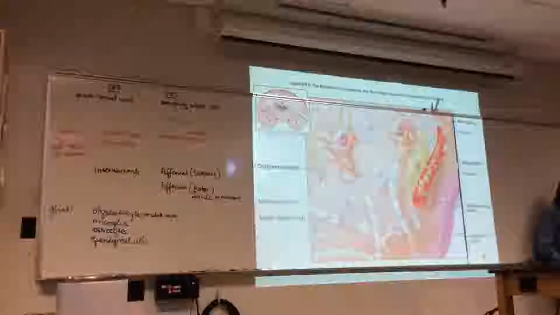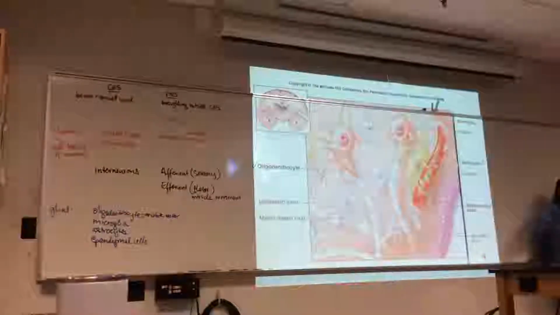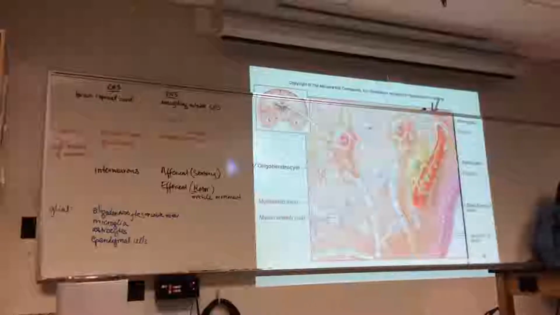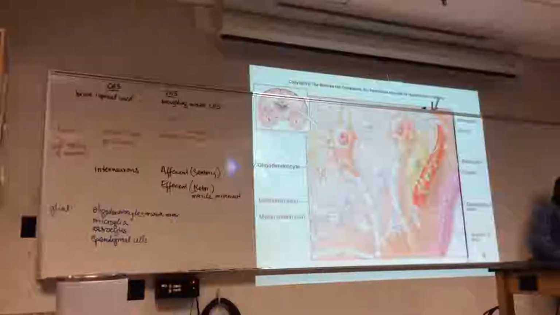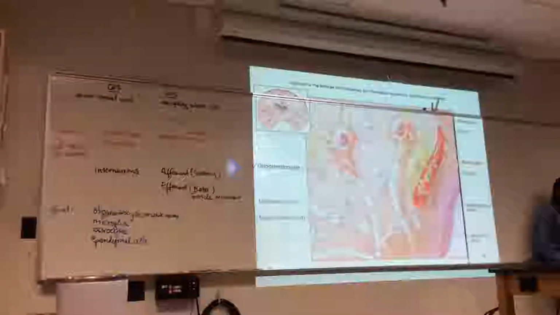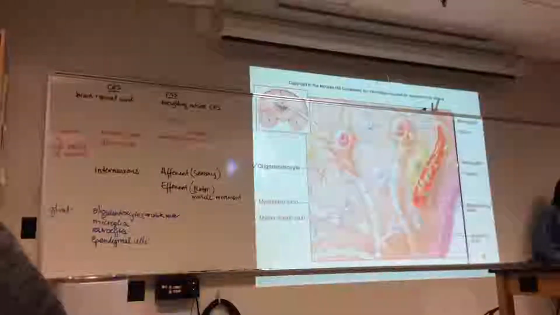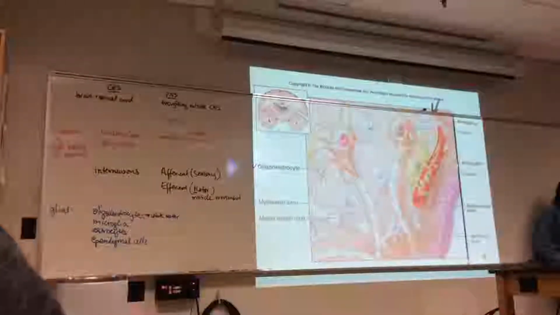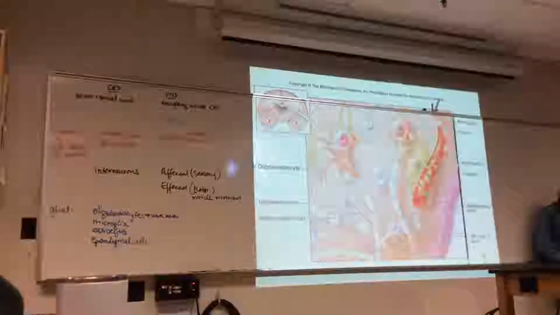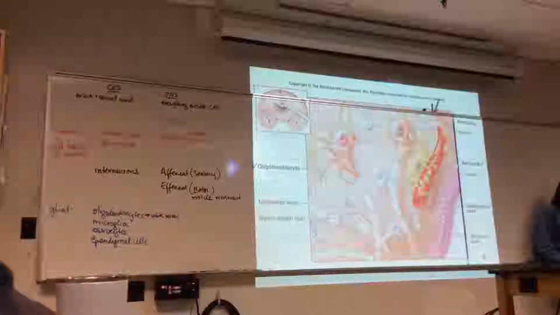Come up with something. Okay, Kathy, what do you think? Give me astrocyte. What does your group come up with? What's the job of astrocyte? Okay, yeah. It connects the neuron to capillary.